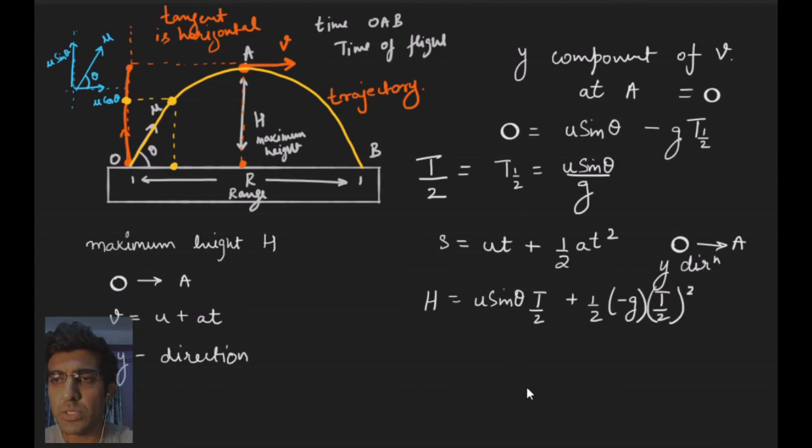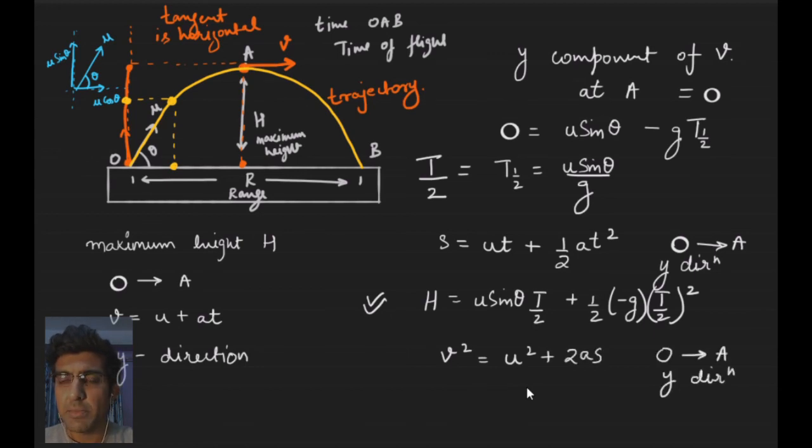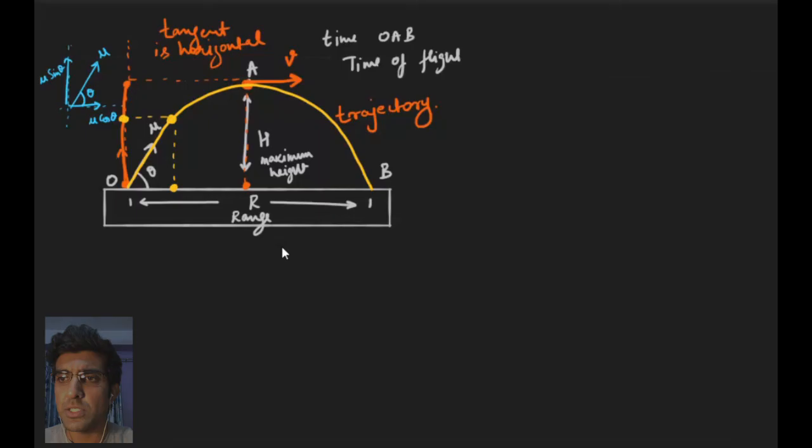We can also calculate this using a simpler method: v square is u square plus 2as, from O to A in the y direction. The final velocity is 0, u is u sin theta, acceleration is minus g, and s is H. So the height comes out to be u square sin square theta by 2g, which is the maximum height.